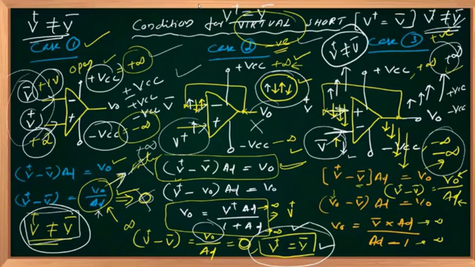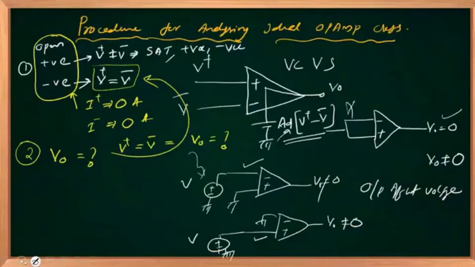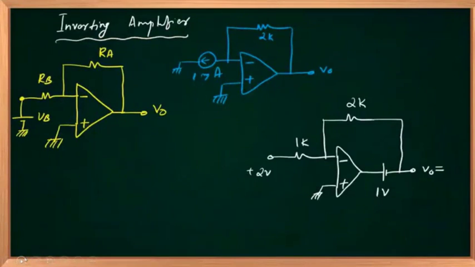So the V plus equal to V minus condition is called virtual short. If you club I equal to 0 and virtual short, you can solve all problems that appear with negative feedback. Positive or open loop, no issues, it's a single answer, either plus VCC or minus VCC.